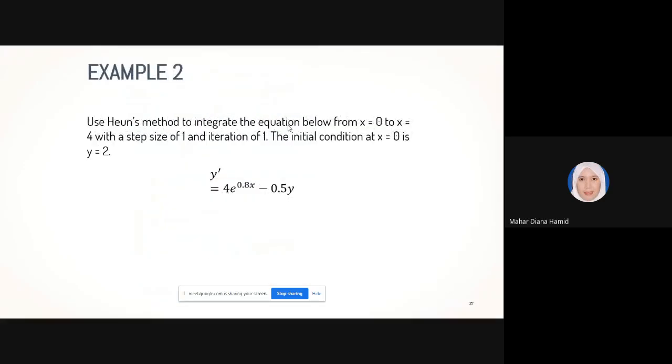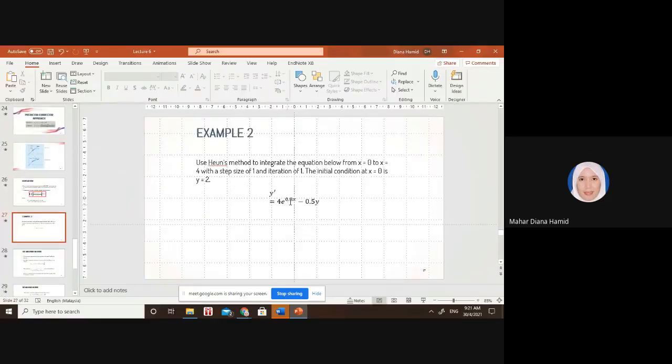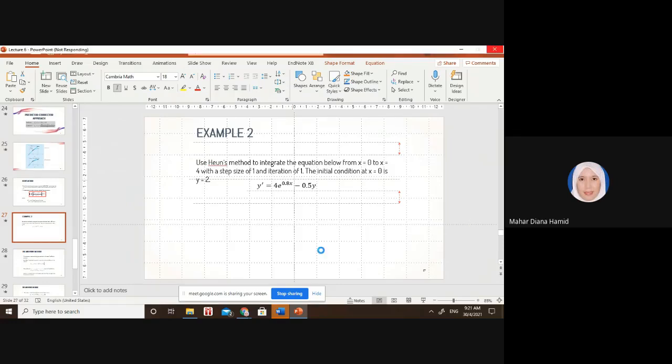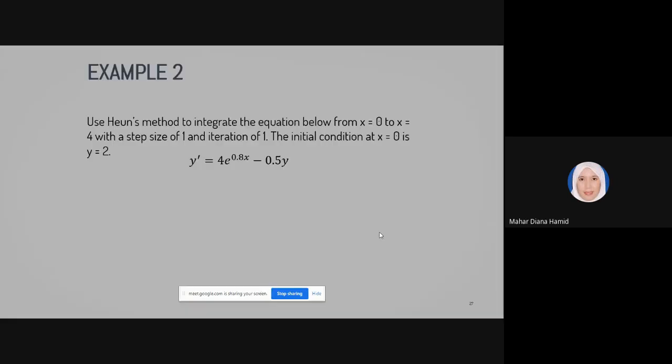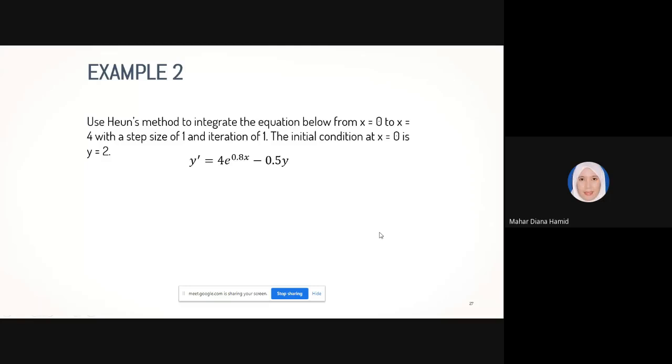To ensure that you understand this, can you try to do this? So this is example number 2.